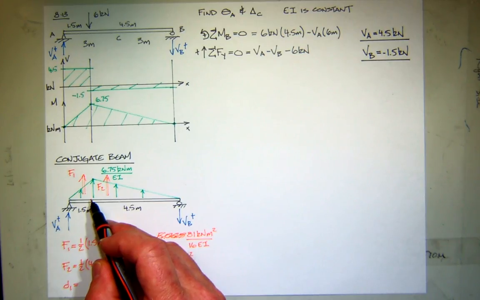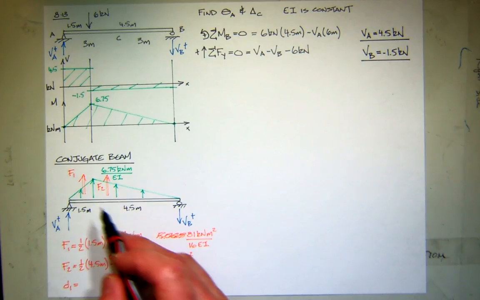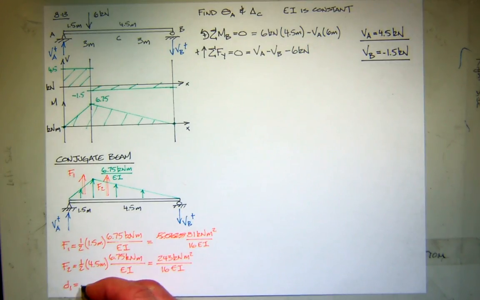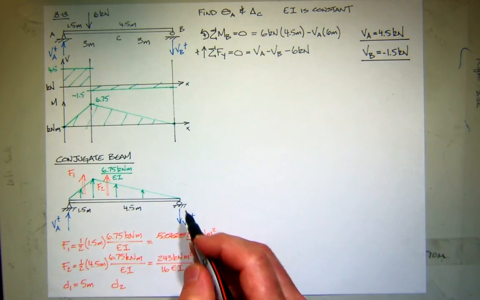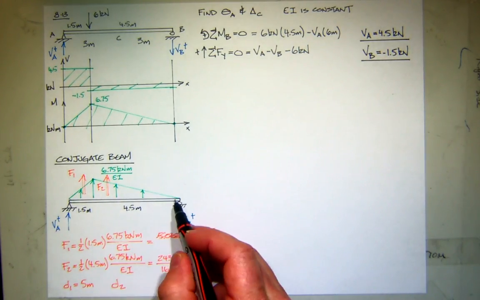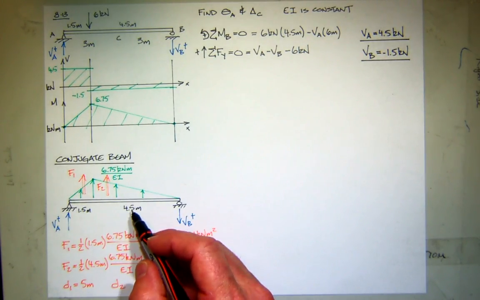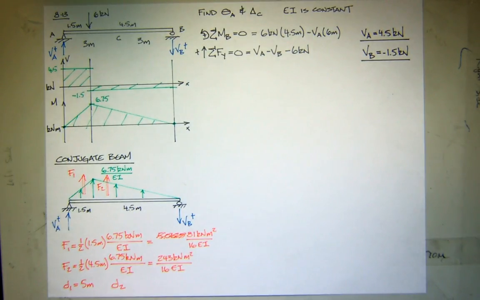And a third of 1.5 is 0.5. 0.5 plus 4.5 is 5. Everybody see that? D2 from B to the centroid here will be 2/3 of this distance, and 2/3 of 4.5 is 3. Is that right? So that works out.